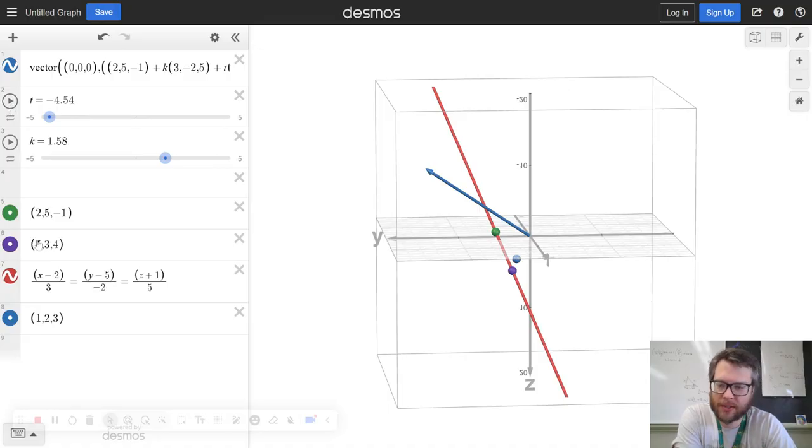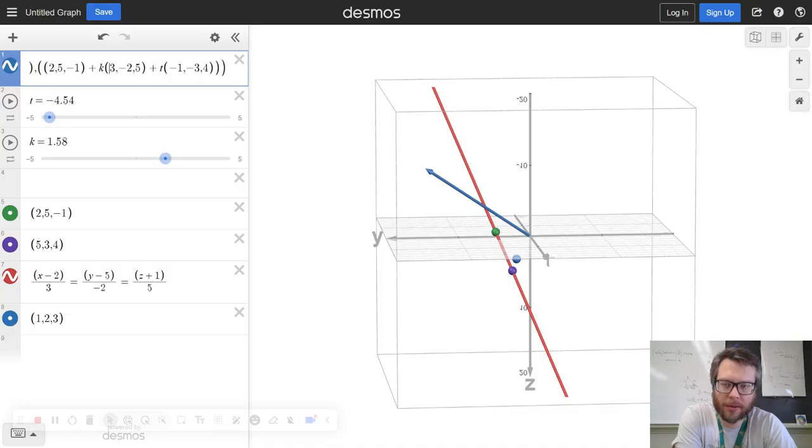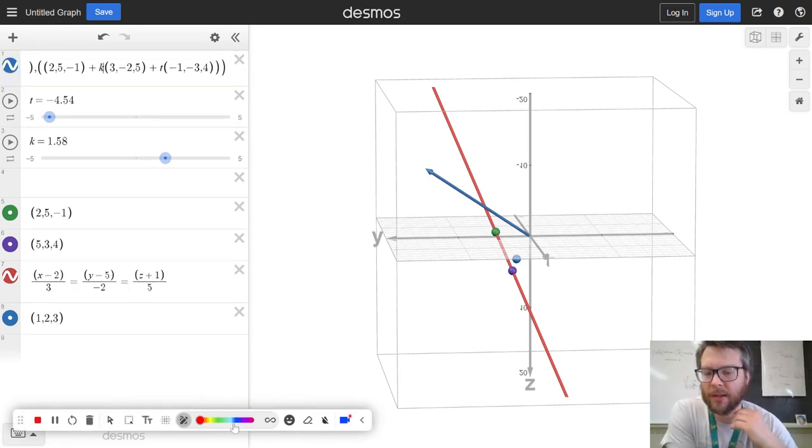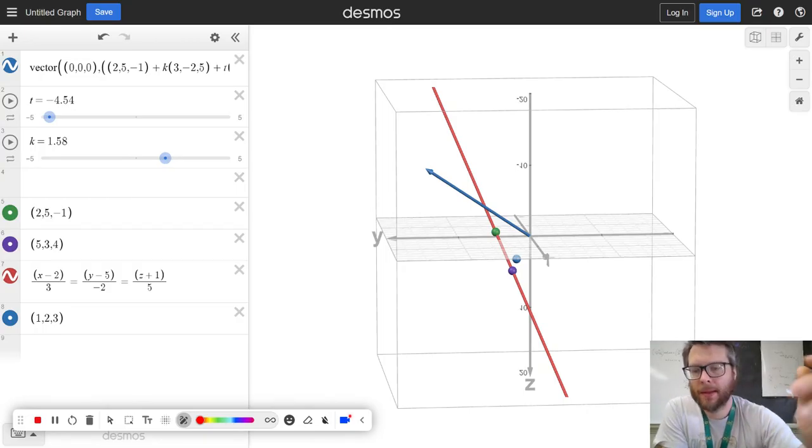One way is to take the cross product of your two direction vectors and then shift it to go through any of the points that you want. The other way is to solve a system of equations and eliminate your two parameters, and what you have left over will be an equation with x's, y's, and z's. Okay, and those two should give you the same answer. So let's see if I'm able to do that.